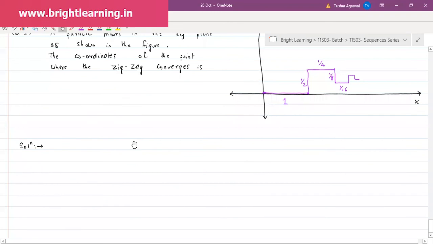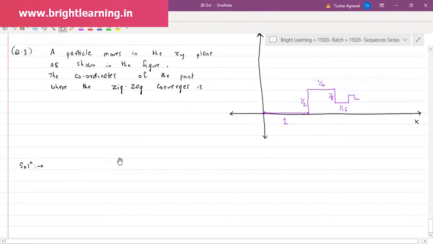Can you see for the x coordinates how much distance he is moving? Distance along x-axis from the origin.